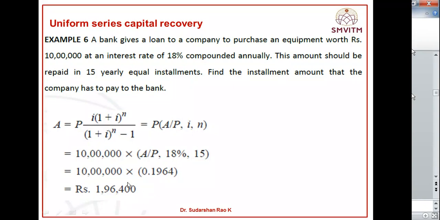Therefore, they have to pay 1,96,400 every year for 15 years to repay the loan of 10 lakh rupees at 18% interest rate. This is about the uniform series capital recovery.